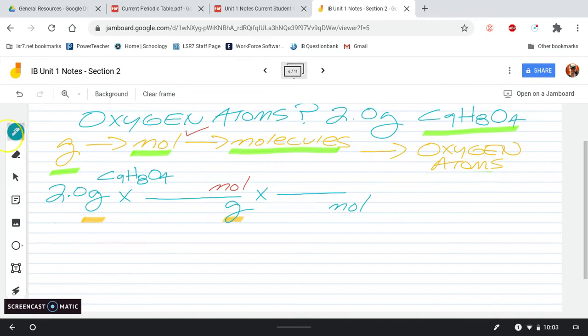Yeah, there we go. Okay. This is going to be the C9H8O4. We're going to convert into those molecules, okay? So we're going to convert into the molecules. Right? So that's where we're going to go.